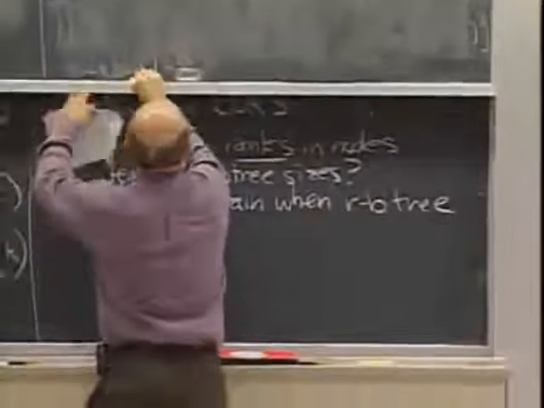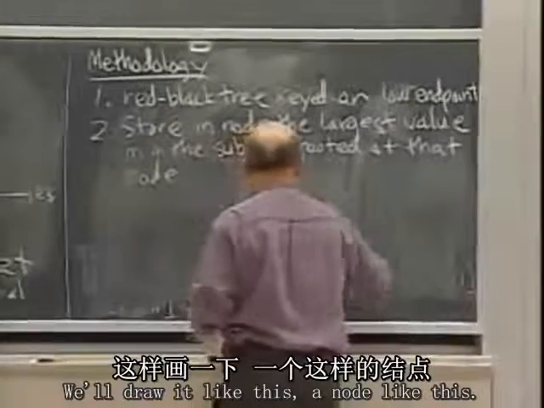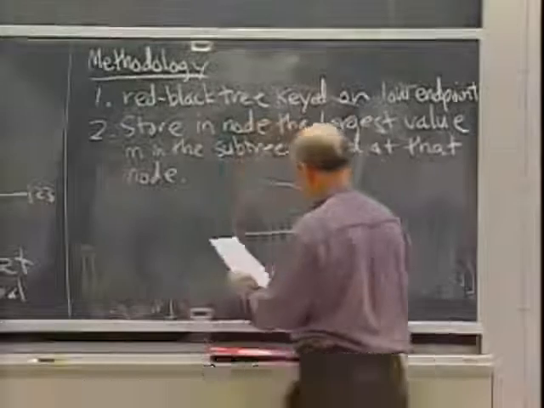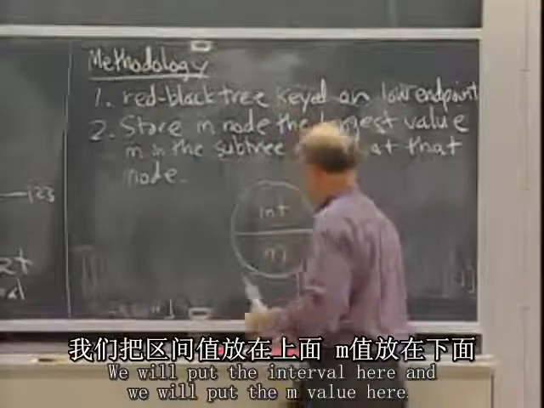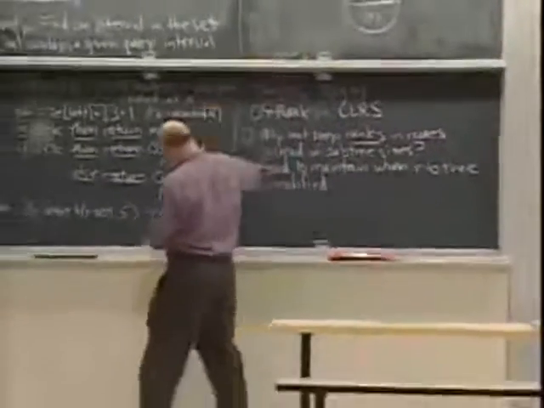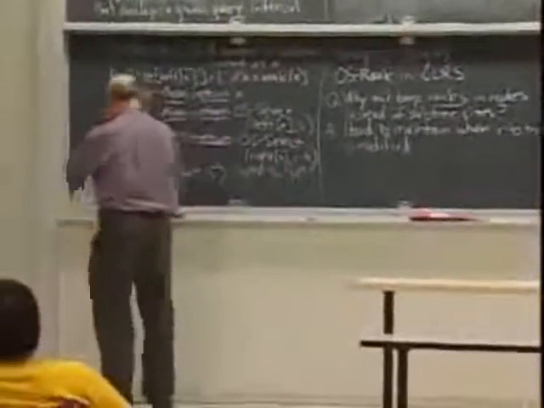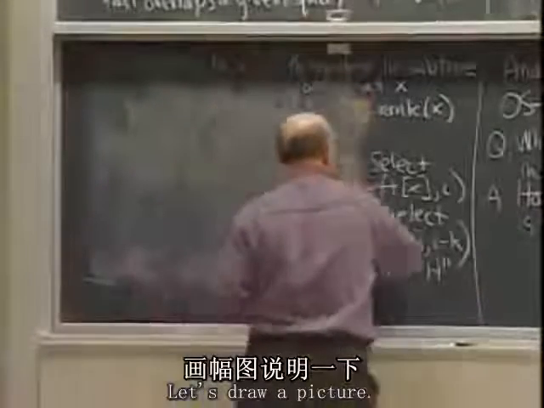Let me first draw a node like this. We'll put the interval here, and we'll put the M value here. So let's draw a picture.